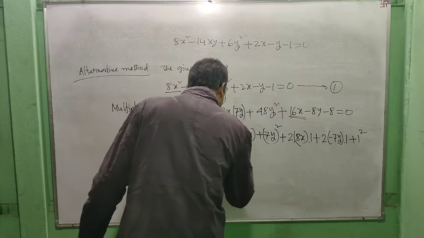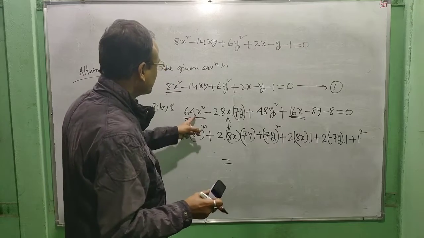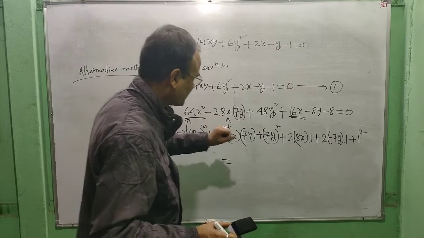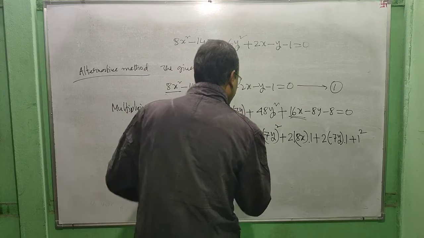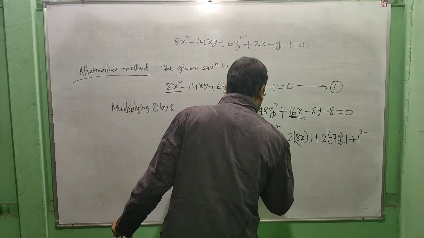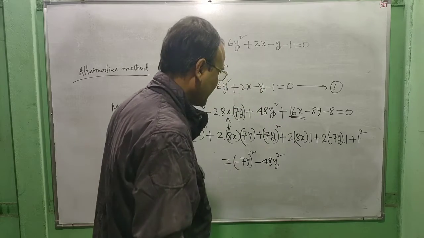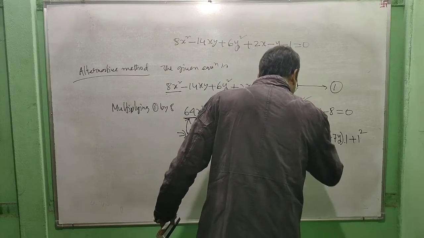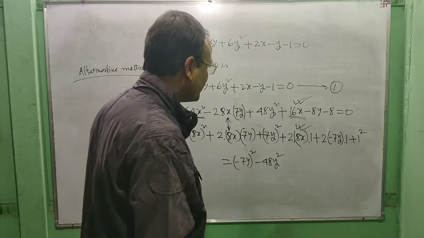This is equal to, it has been written minus 7y whole square. You will have to write here minus 7y whole square minus 48y square. 16x, we have written 16x.